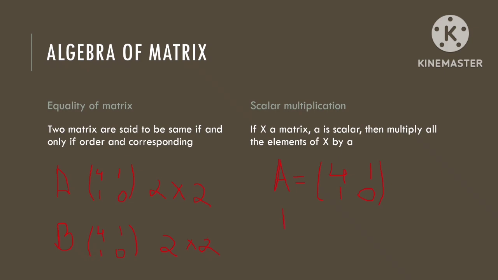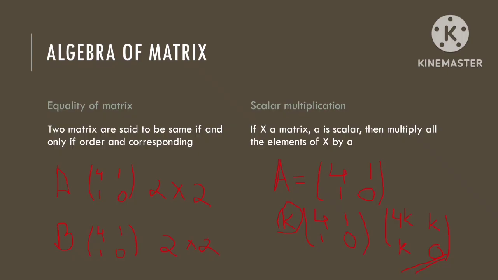For every element I should multiply with k only. What I'm going to get: 4k, 1 into k, k, 1 into k, k, k into 0, 0. Now this is known as scalar multiplication, and it is a scalar product. Clear?